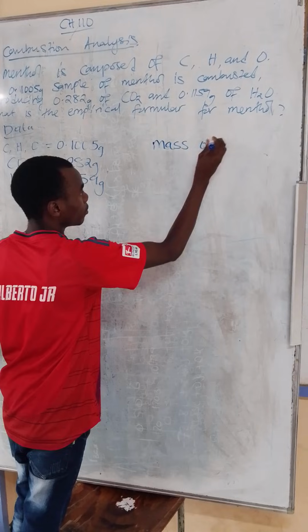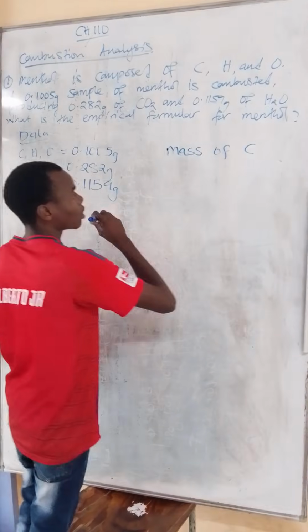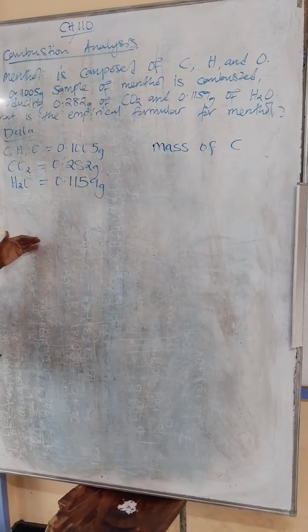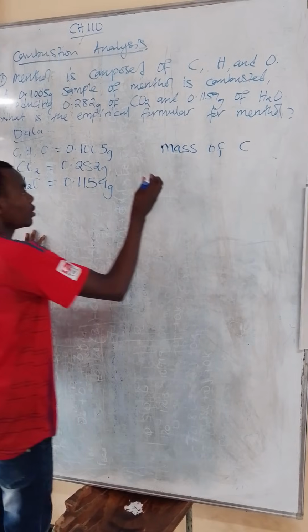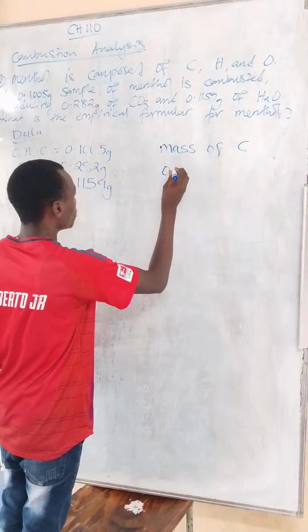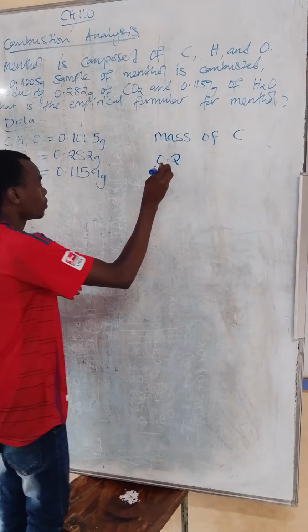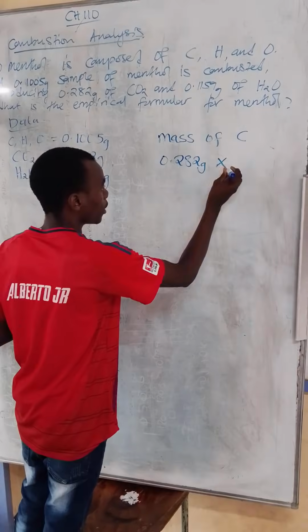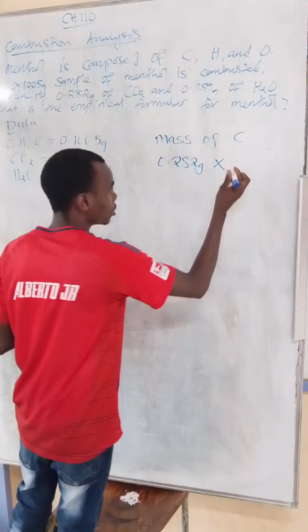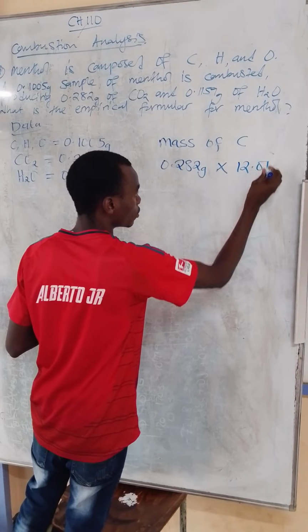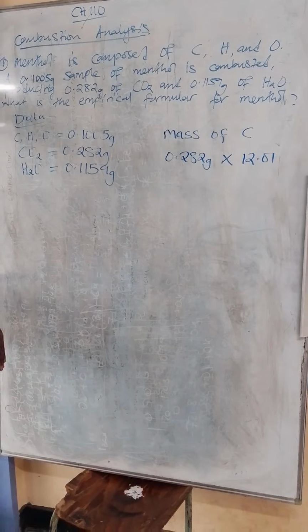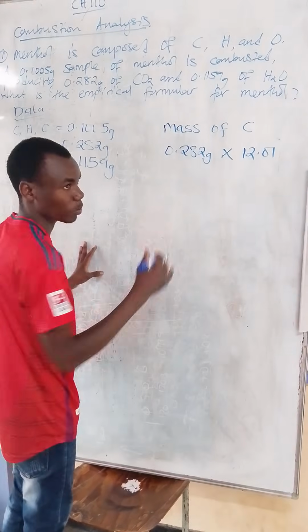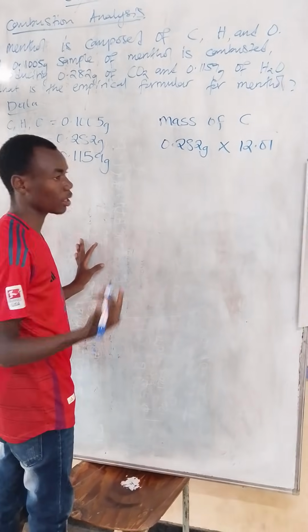First thing first, we are going to get the mass that you have been given for carbon dioxide, which is 0.282 grams, multiplied by the mass number for carbon, which is 12.01. On your periodic table you may see that it is 12 grams per mole, but I'll use 12.01.